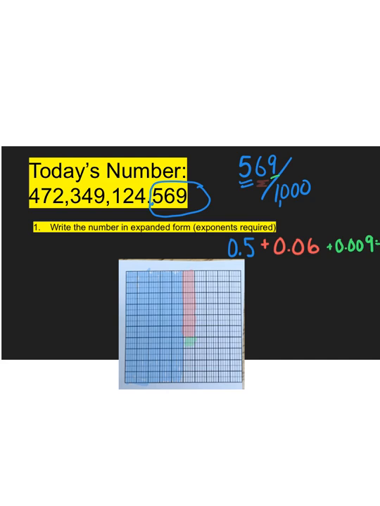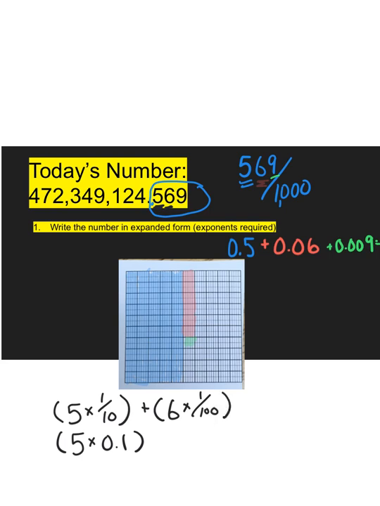Okay, now, yesterday I told you that when we write expanded form with decimals, what we do is we take the digit and then multiply it by the fraction form of that place value position. So this one would be 5 times 1/10. You could also write it like this, it would be correct. You could write it either way. Plus the digit that's in your hundredths place, 6, times 1 out of 100.